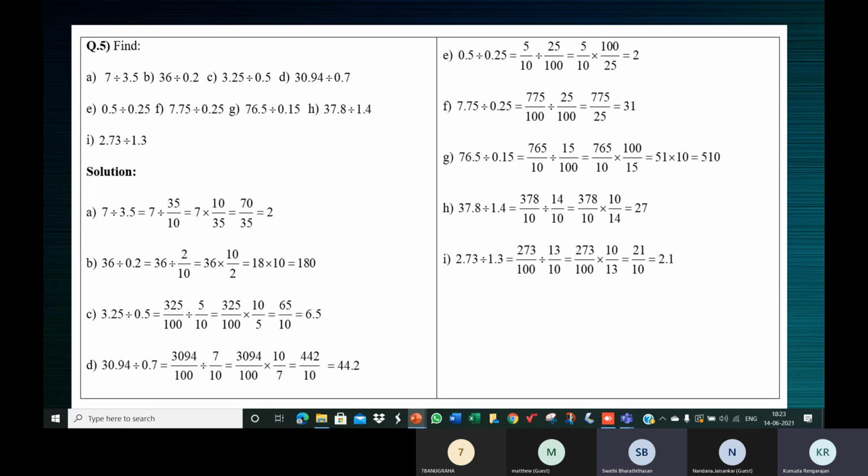Now you can cancel 3094 and 70 using the 7 table because 70 by 7 is 10. You should look at the denominator. Denominator is 70. So if you divide 70 by 7, you can get 10. So you should check if the numerator is also divisible by 7.